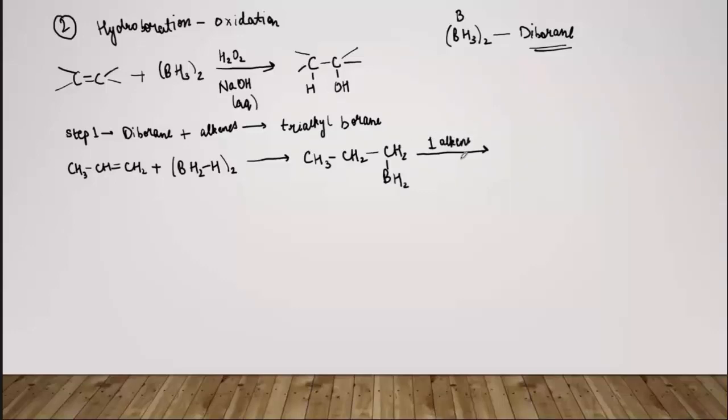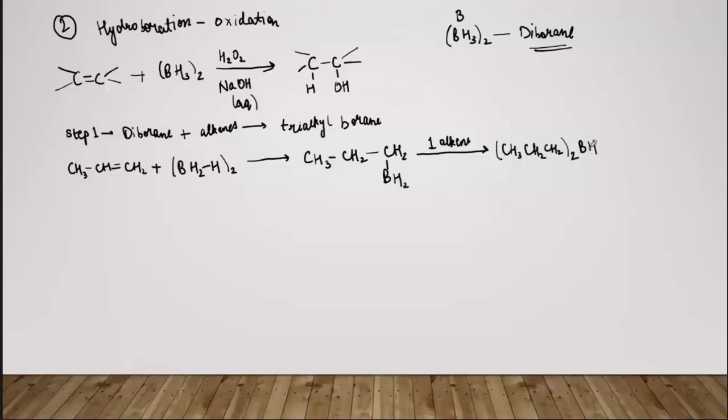It will again react with one other molecule of alkene and the product will be BH. ठीक है, तो अब क्या हो गया, when it reacts with one more alkene तो एक और H replace हो गया. ठीक है, one more H has been replaced with this other alkene molecule.